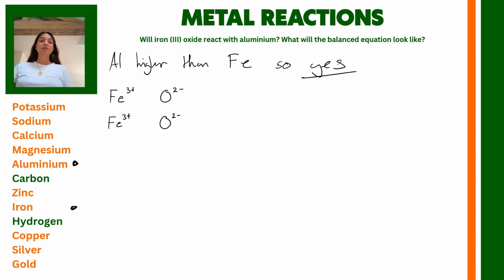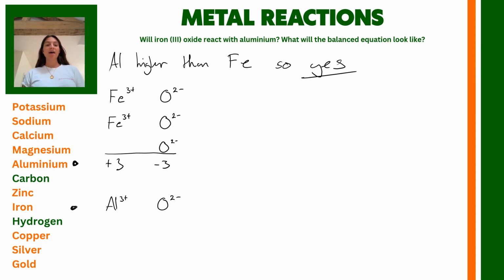Add another iron, so now +6 on my left-hand side, but -4 on my right-hand side, still not balanced. Add one more oxygen, and now I've got +6 and -6. Perfect.